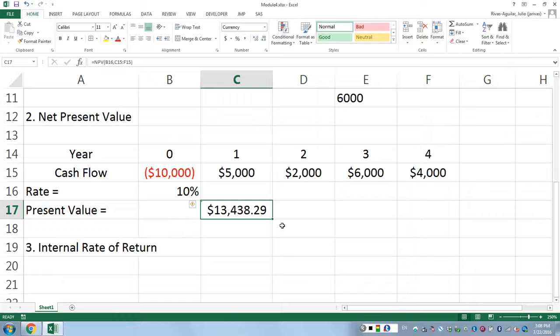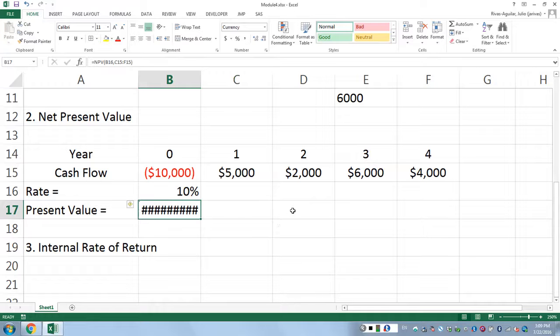So this number means that in today's dollars, and assuming we want a return of 10%, $5,000 in 1 year, $2,000 in 2 years, $6,000 in 3 years, and $4,000 in 4 years is equivalent to 13,438.29. I'm going to move this right here.